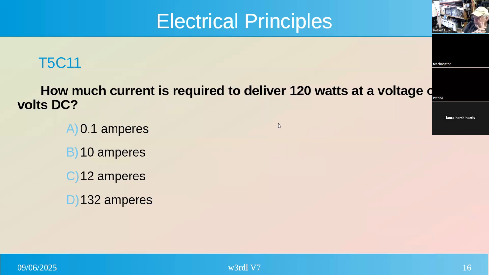Here we want to know the current, and we know the power and the voltage. If you look at the little pie chart, we know P at the top, and we know voltage is on the bottom. So to find the current, we divide P by E. Bravo.